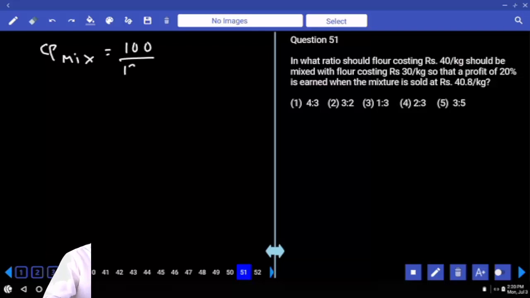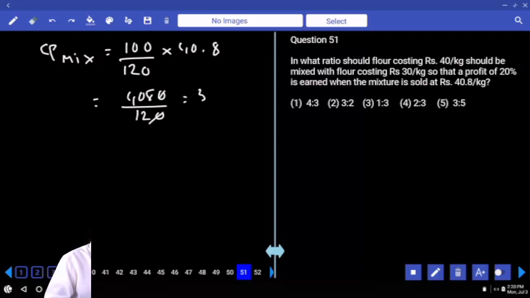And selling price is 120 into amount 40.8. 4080 by 120. 12 3s are 36. 12 4s are 48. 34 rupees is the cost price of the mixture.